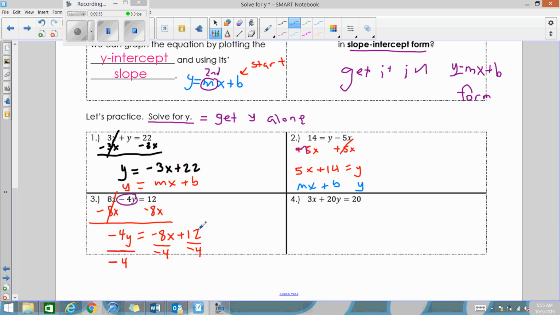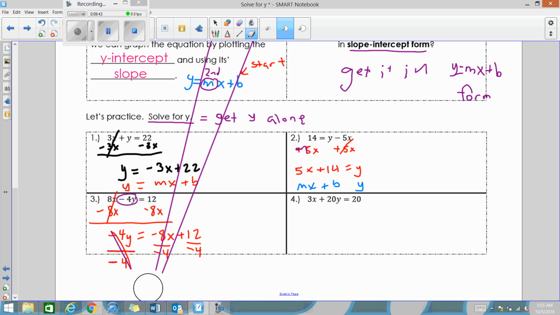So we're going to get y equals, negative 8x divided by negative 4 is positive 2x. And then 12 divided by negative 4 is negative 3. So that's your graph. y equals mx plus b. Well, in this case, it's minus b.